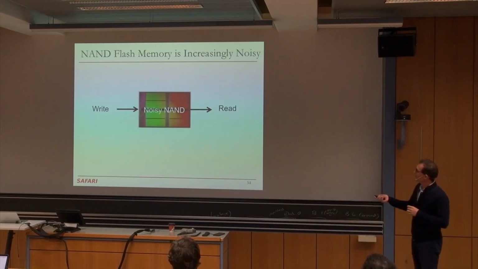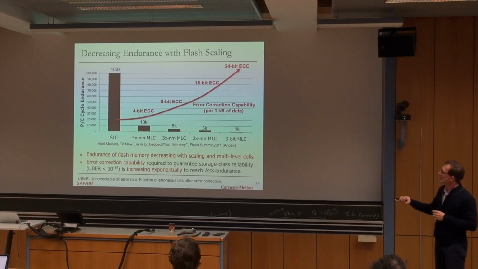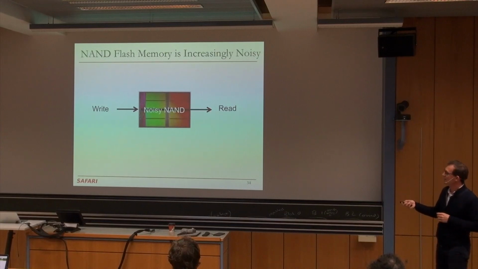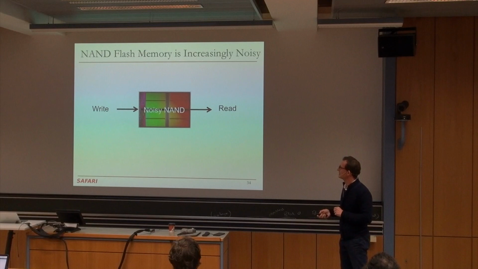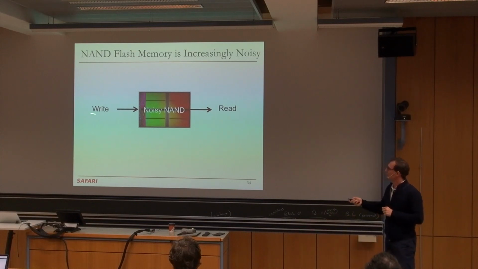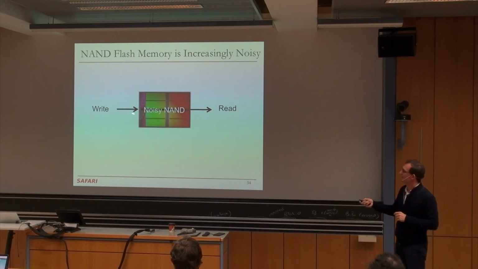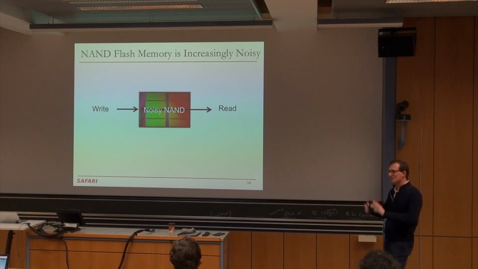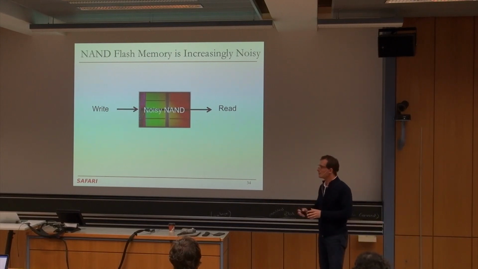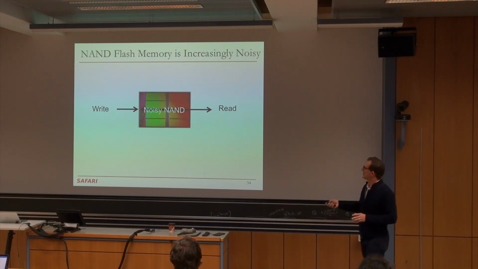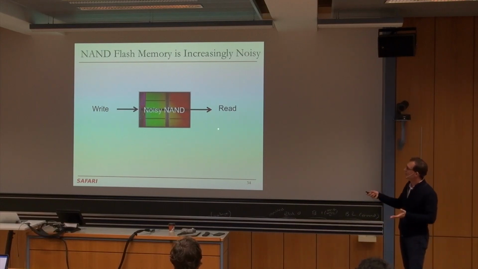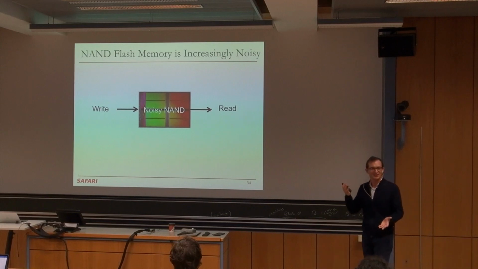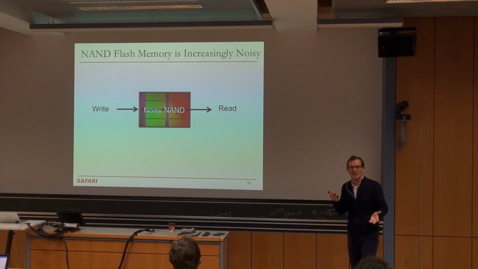Okay, so basically the problem is that NAND flash memory is increasingly noisy. You can think of a single bit, even a single cell, as a channel. You write into the cell, and something happens while you're writing and while the cell is sitting there, and then you read something out of that channel, and what you read may not correspond to what you wrote. So you can think of this as a communication channel, right?